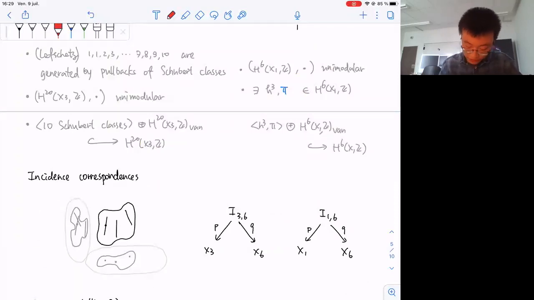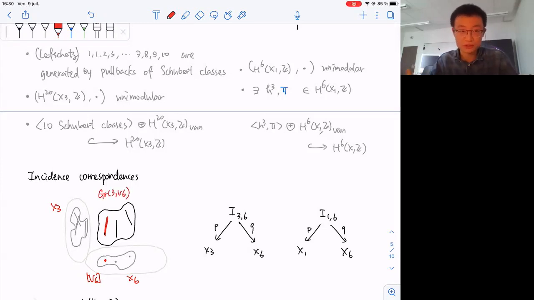First I consider the incidence correspondence between X3 and X6. So this is a variety X3, and this is the hyperkähler X6. A point here corresponds to a 6-dimensional vector space. And if I look at the fiber, this is going to be all the 3-dimensional vector spaces contained in V6. So this fiber here is a Grassmannian G(3,V6).